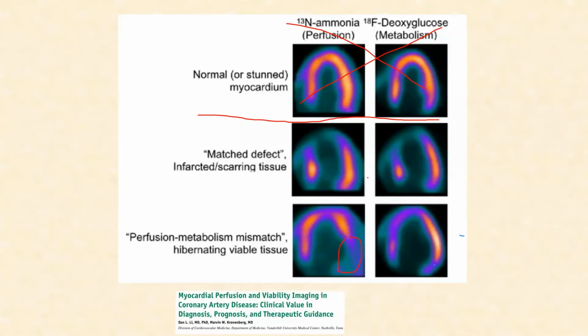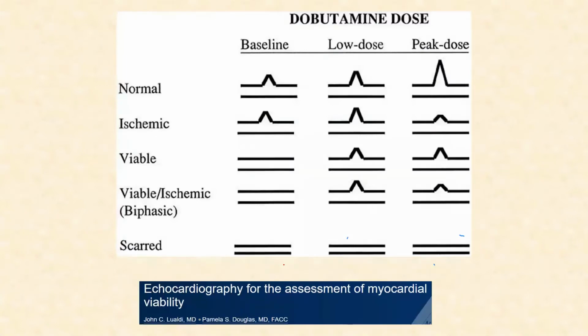If it is a match defect, no perfusion, no metabolism, it means scarring, non-viable. If it is a mismatch, meaning no perfusion, but metabolic activity is demonstrated, this is hibernating, viable myocardium. Okay? Good.